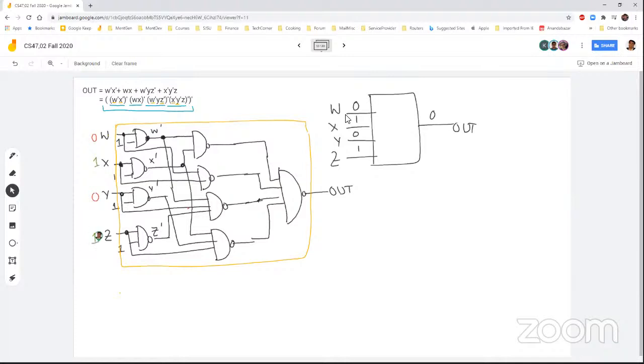That means my W bar is 1, my Y bar is 1, and my X bar is 0, Z bar is 0. Okay, now look at this NAND. This NAND is fed with 1 and 0, which becomes 0.